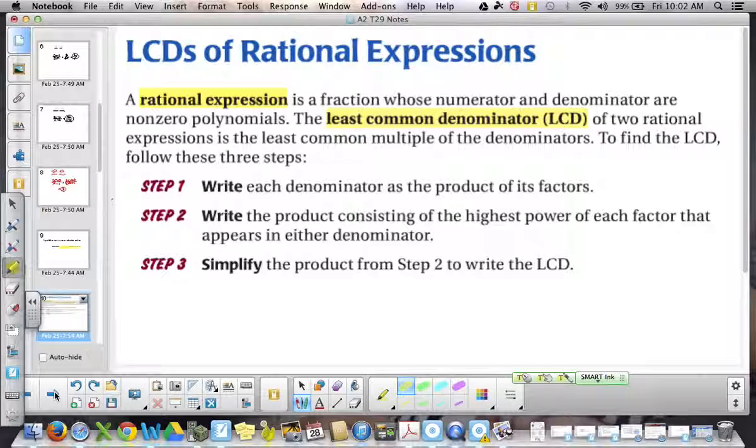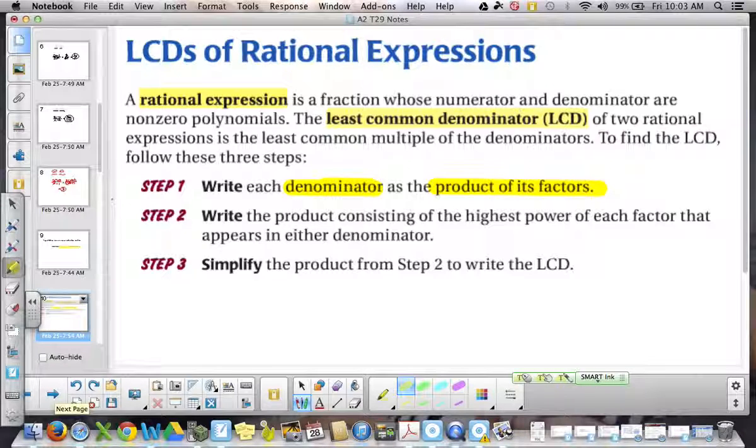For rational expressions, the least common denominator of two expressions is going to be the least common multiple of the denominators. To find the least common denominator, we follow these 3 steps. The first is to write each denominator as a product of its factors. So we're going to completely factor each denominator.